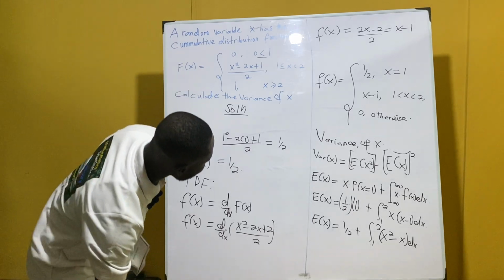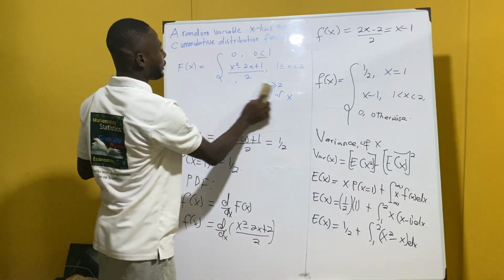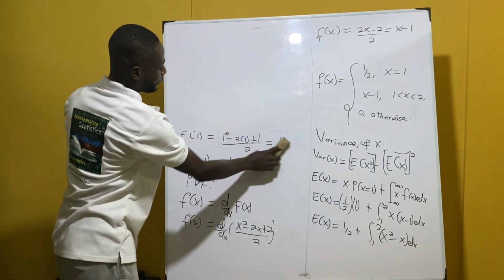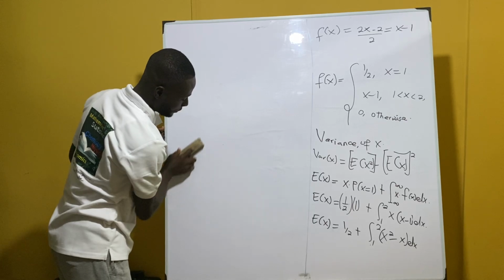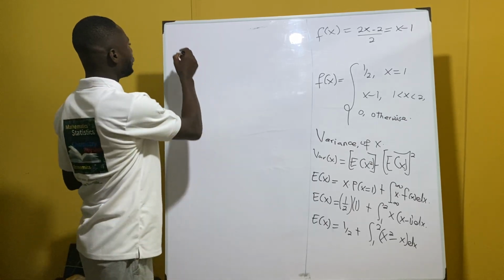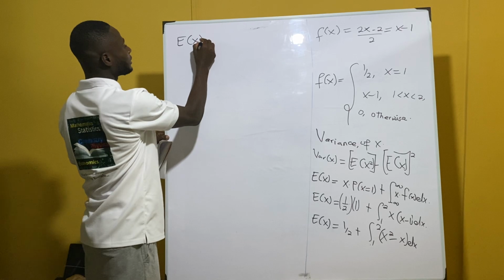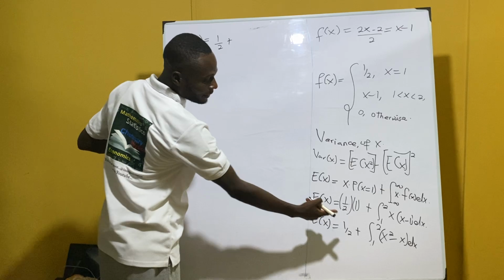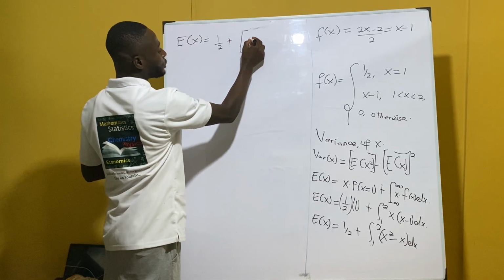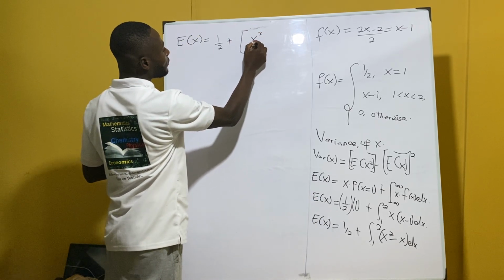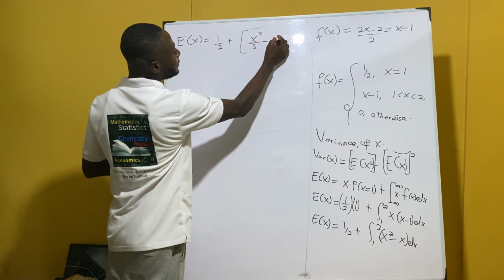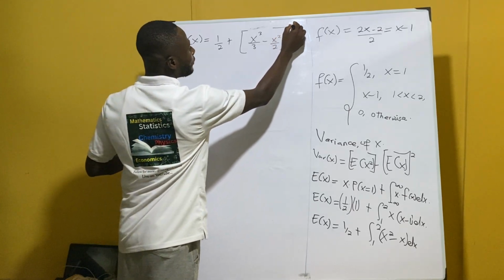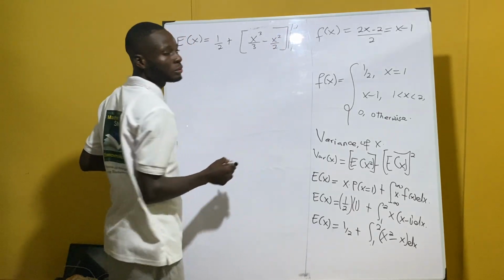So the expectation of x is going to be half plus the integral of this function, which is x cubed over 3 minus x squared over 2, from 1 to 2, right?